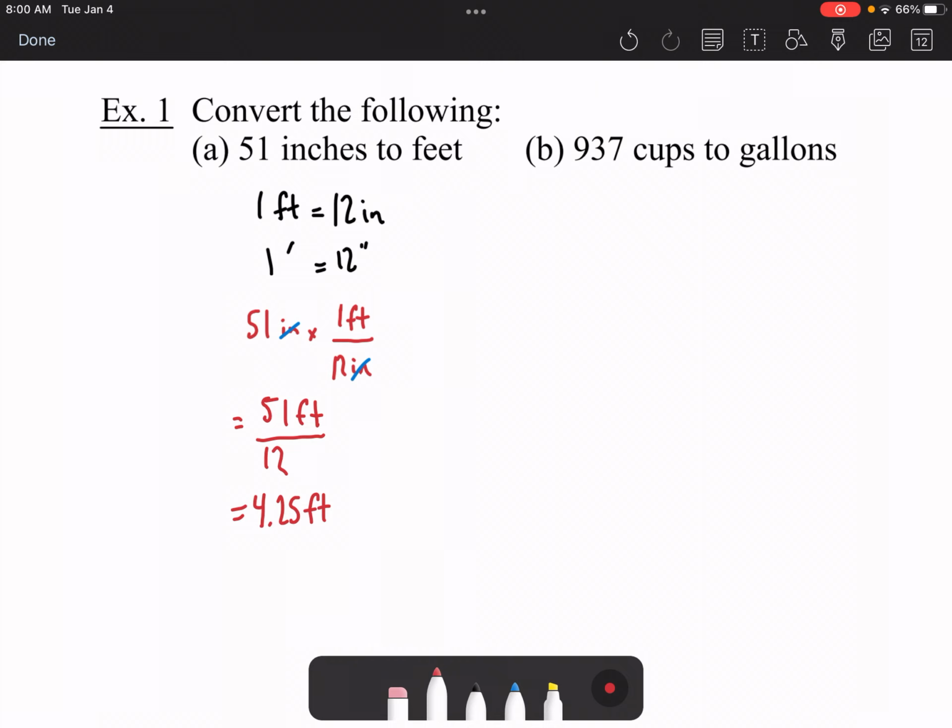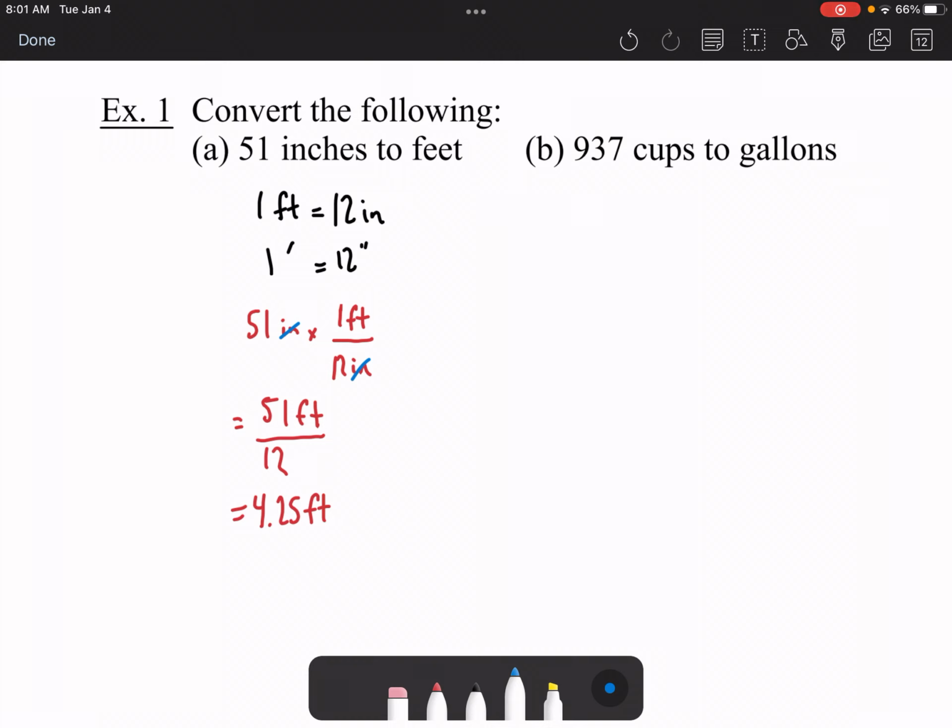So let's try 937 cups to gallons. Well, a cup is a volume, so we're going to scroll down on our reference sheet until we get to cups.